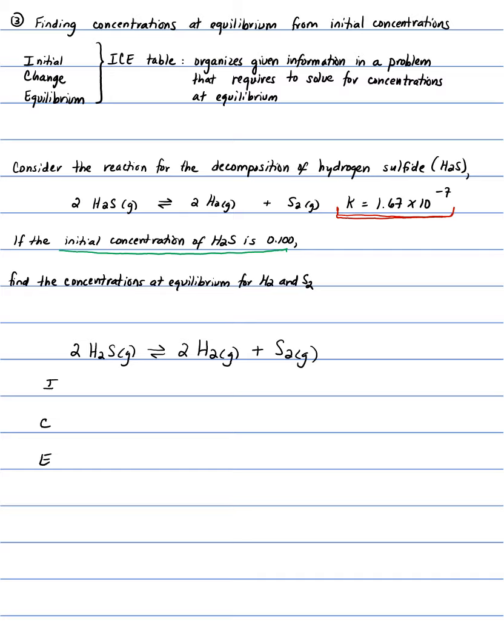Your initial concentration for H2S is 0.1. So I'm going to write down that number right here. What that initial concentration is telling you is that you're starting this reaction with 0.100 molar for your hydrogen sulfide.